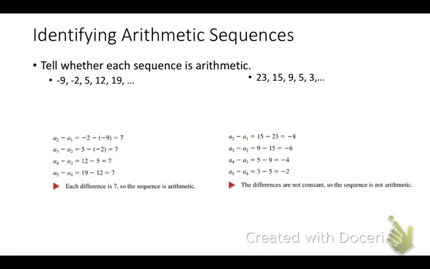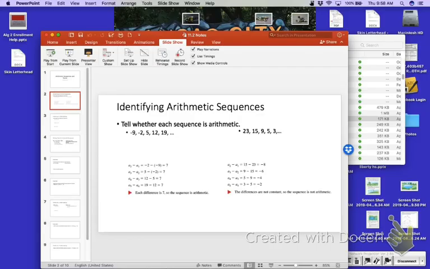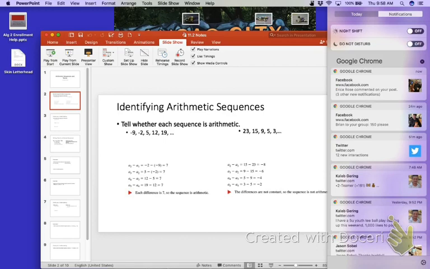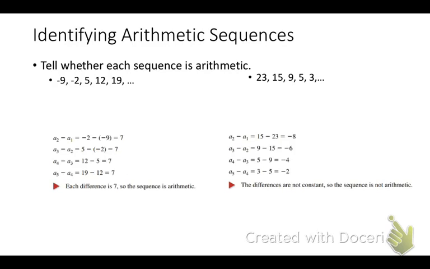So to tell whether something is arithmetic or not, from one term to the next it is the same value. It's going to essentially have a slope of a line. Okay? Because slope is just the rate of change: how much it goes up for how much it goes over, moving left or right.